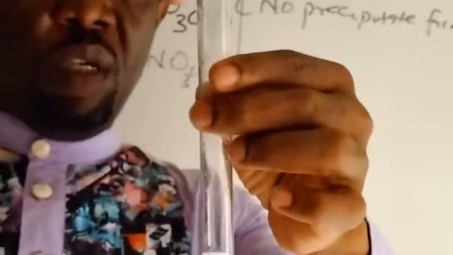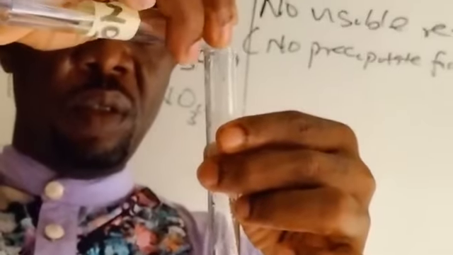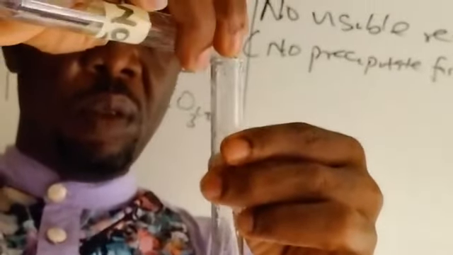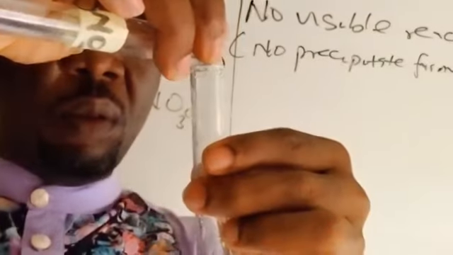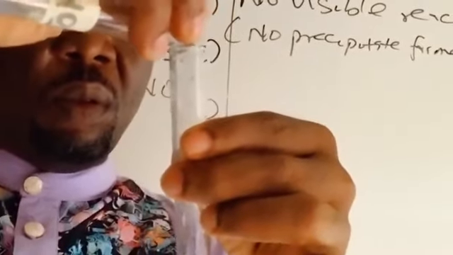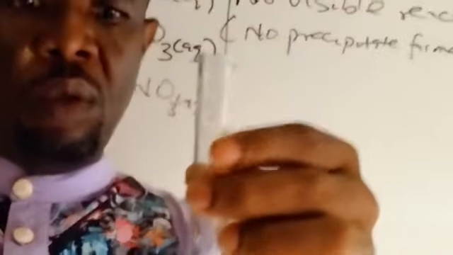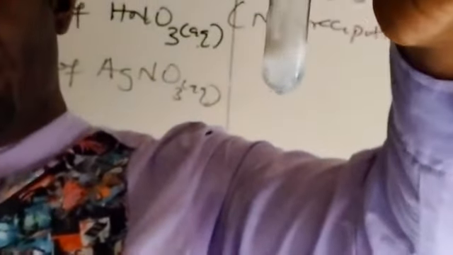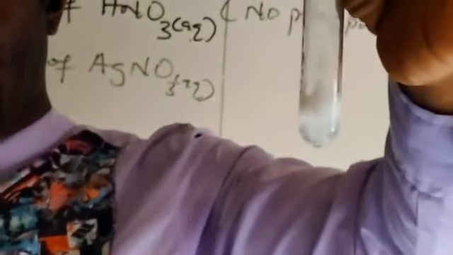We just add a drop, a little amount of it. You can see a white or chalky white precipitate formed, not gelatinous. So report our work on the board.